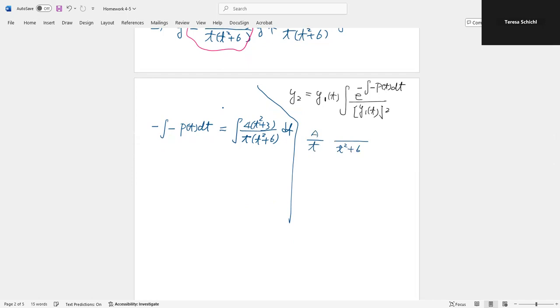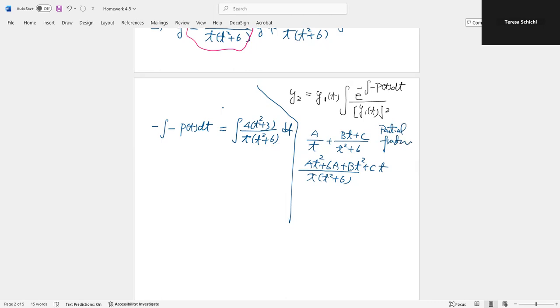Then we have a(t squared plus 6) plus bt squared plus ct. This is the partial fraction method in integration.